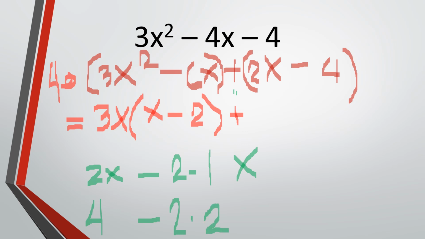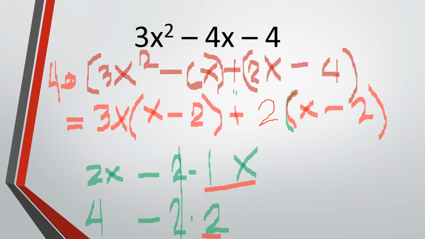And thus, the greatest common factor here is 2. Okay, you write 2 here. And then the remaining factor here is x, and then copy the sign minus. The remaining here is 2, and then you close it.